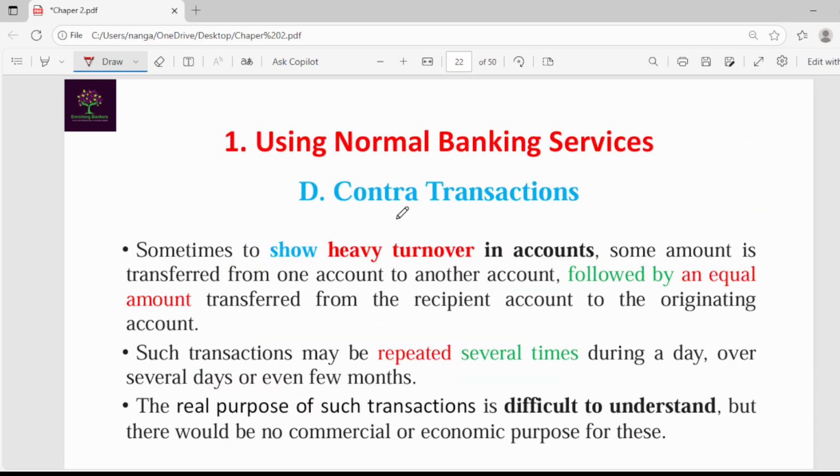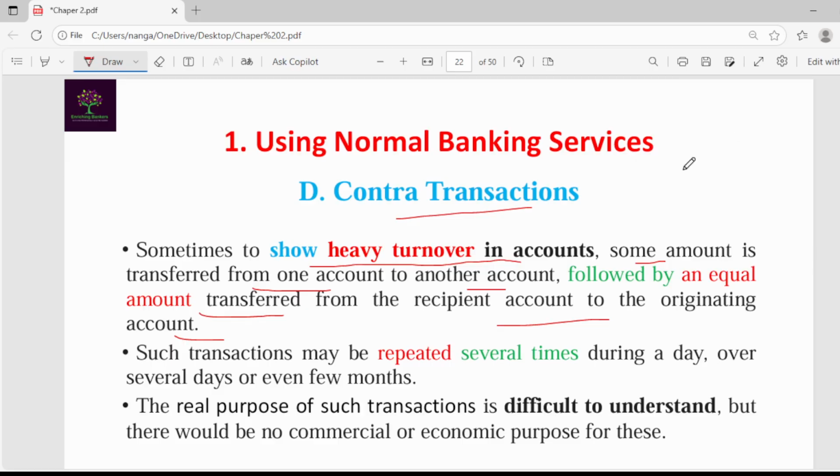Next method is contra transactions. Criminals or terrorists show heavy turnover in accounts. In those accounts, some amount is transferred from one account to another account, followed by an equal amount transferred from the recipient account to the originating account.